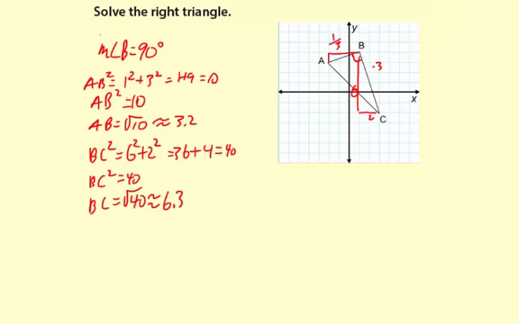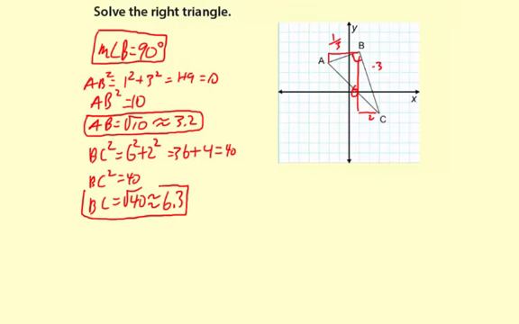Okay, so let's go ahead and highlight some of these. Measure of angle B was 90 degrees. AB is square root of 10, or about 3.2. BC is square root of 40, or about 6.3. Now let's find AC. AC squared is, and it's down and then over.